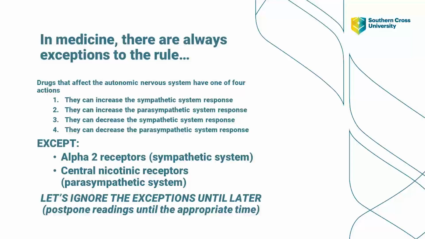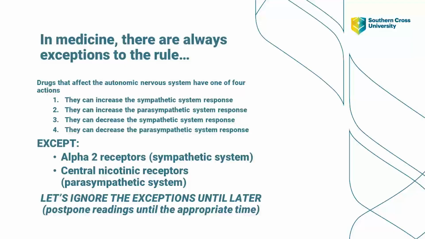If we didn't have the negative feedback portion of the alpha 2 receptor, then that would be a possibility. So as we evolved, we realized that the fight or flight response was so potent that we needed to have some part of that response as a negative feedback, and the alpha 2 receptor is that.